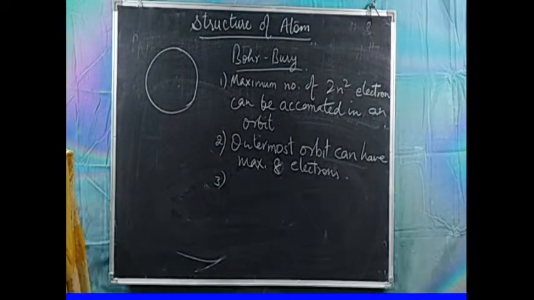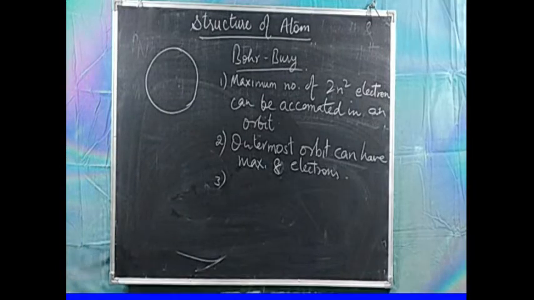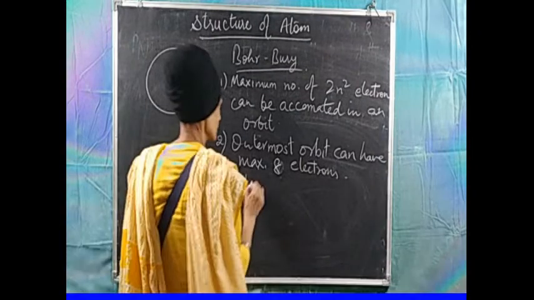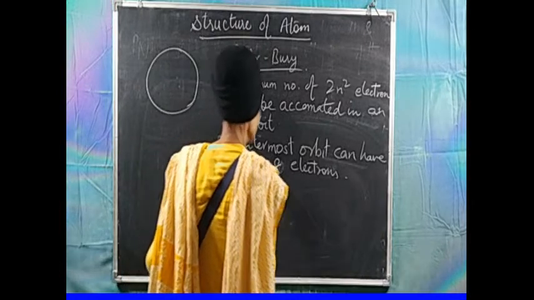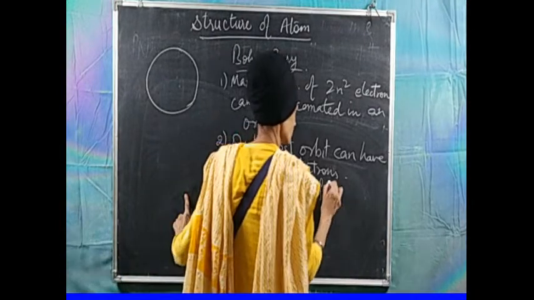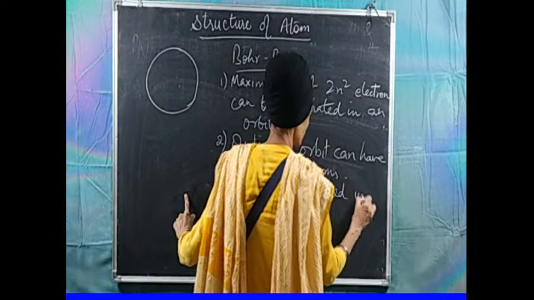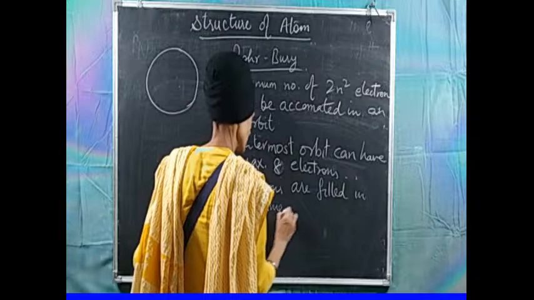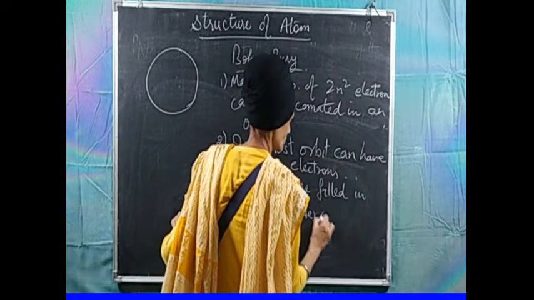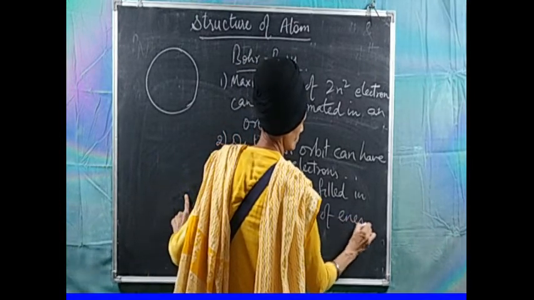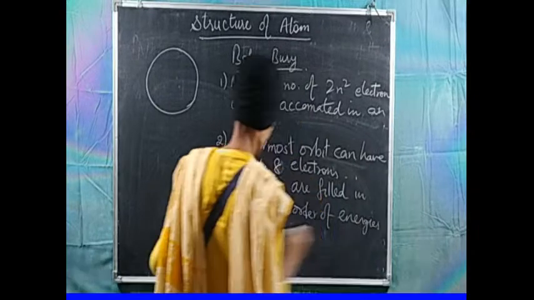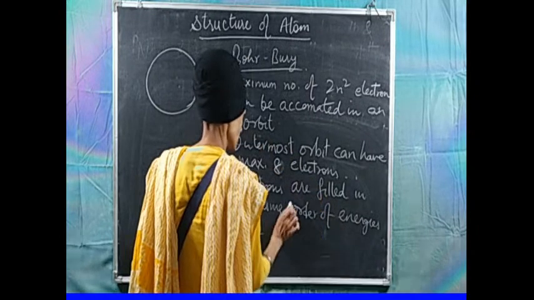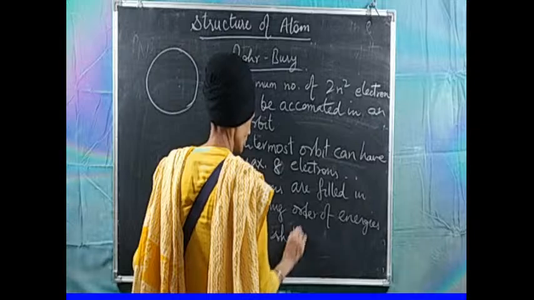And the third rule he gave is that electrons are filled in increasing order of energies of the shells, the energy shells.